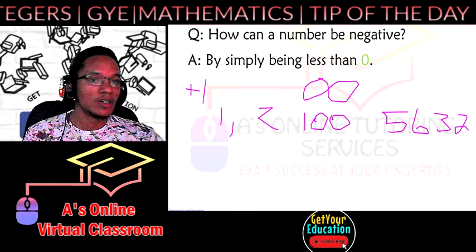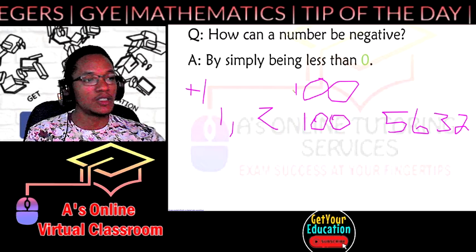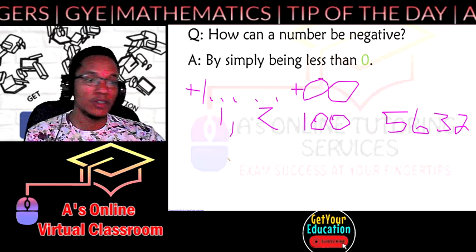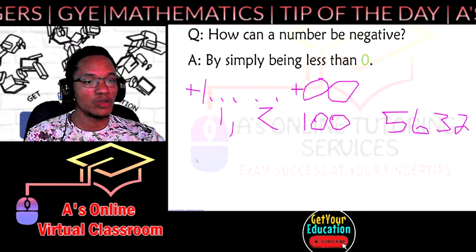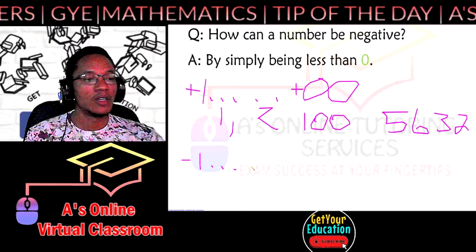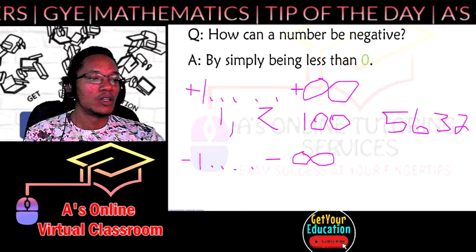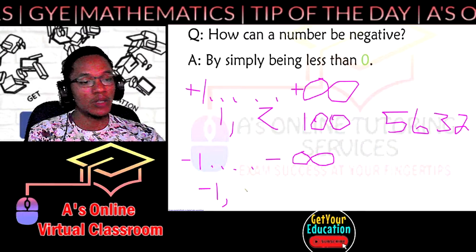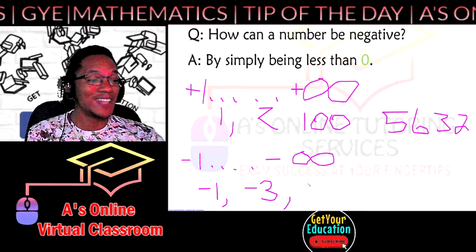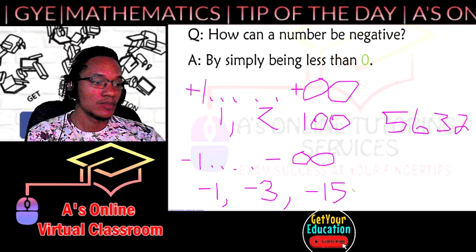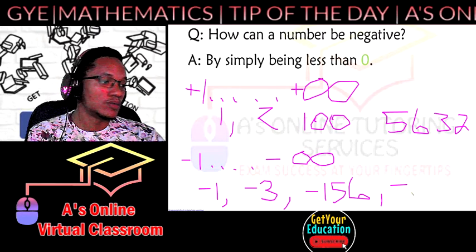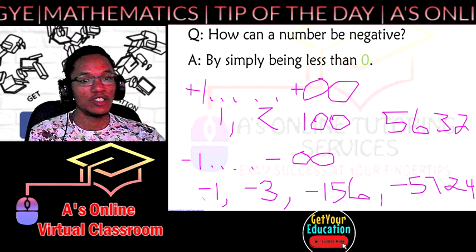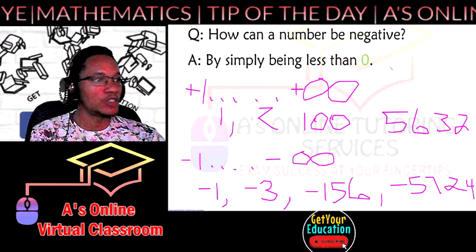And on the negative side, which is less than 0, we have negative 1 down to negative infinity. These are basically endless options for our integers.